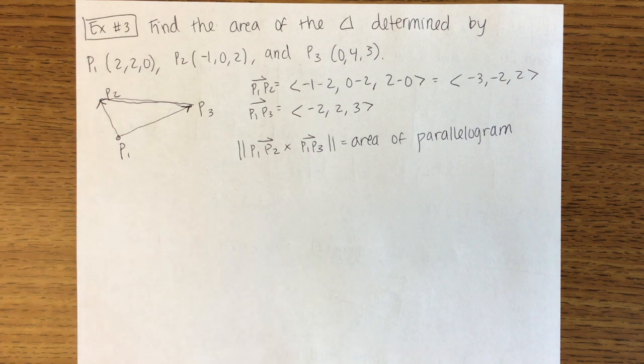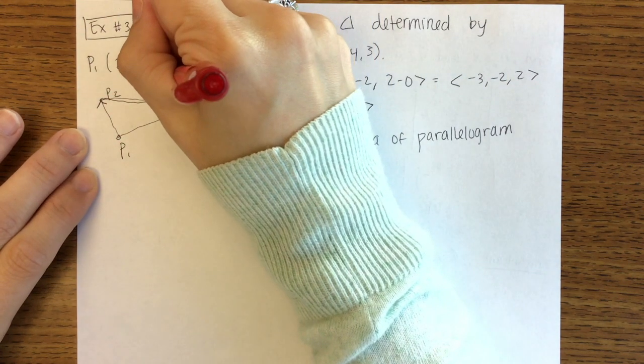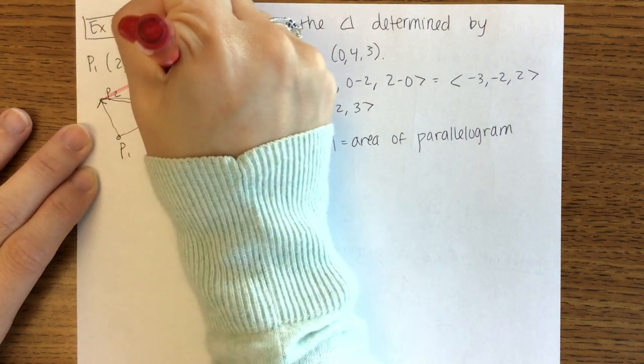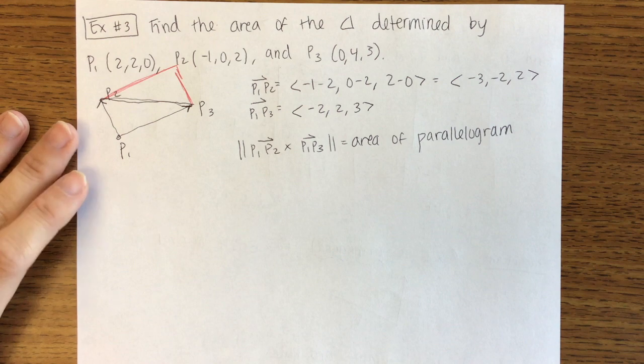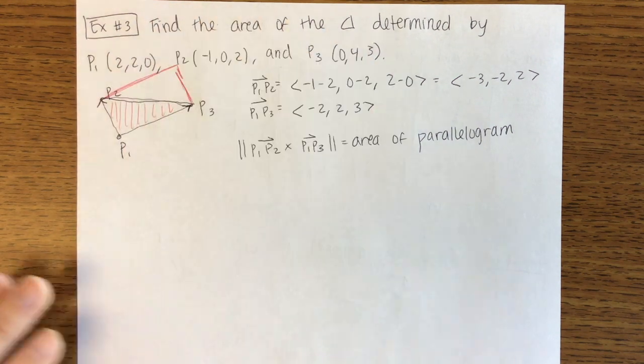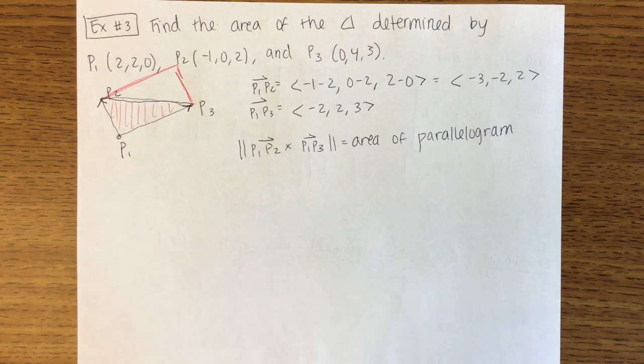Okay, so visually what's going on is when I do P1, P2, and I cross it with P1, P3, I get the area of this parallelogram right here. And then if I divide it by 2, it's going to give me the triangle that I'm actually interested in. Okay, so that's what we're going to start with.